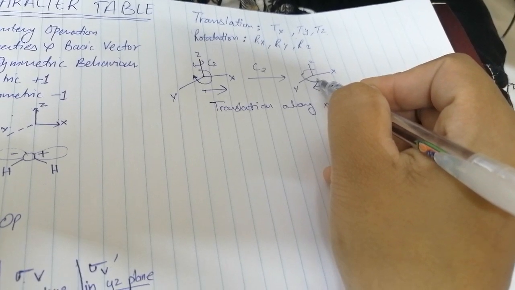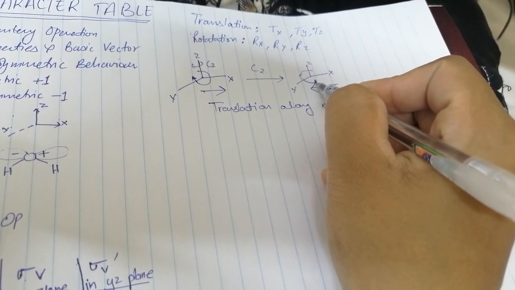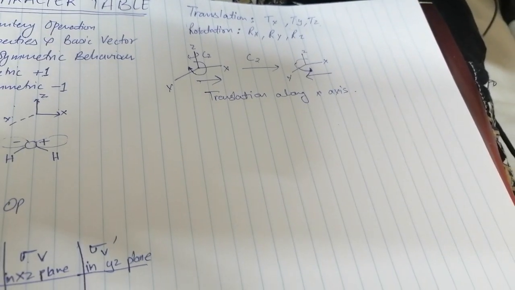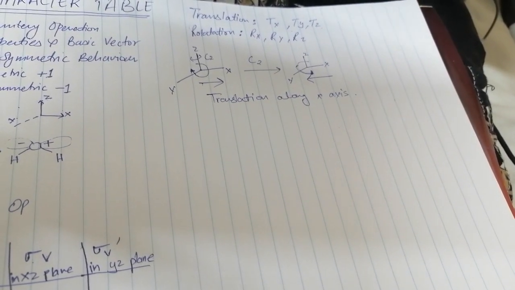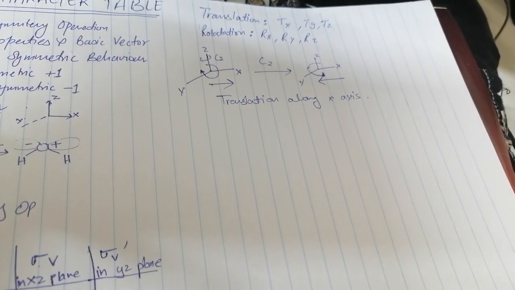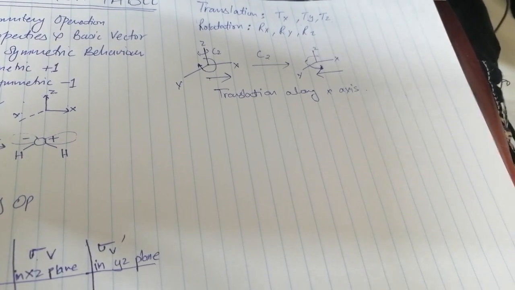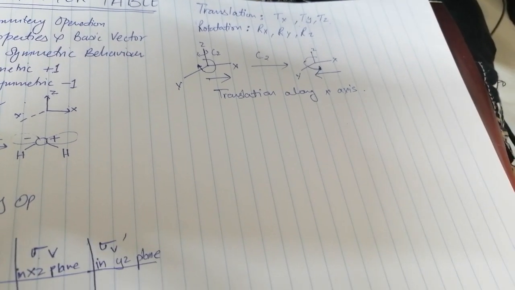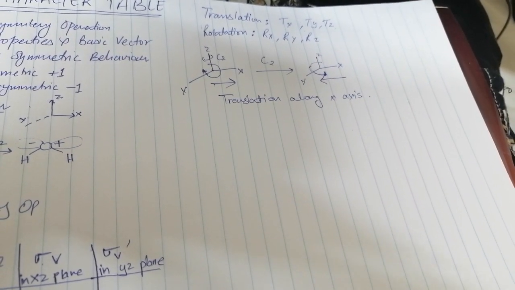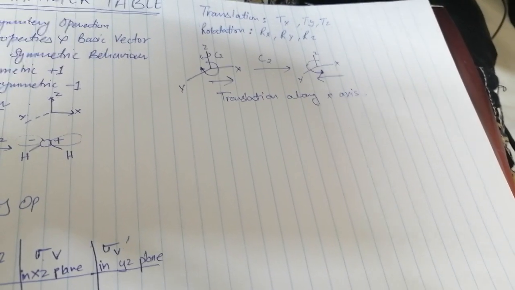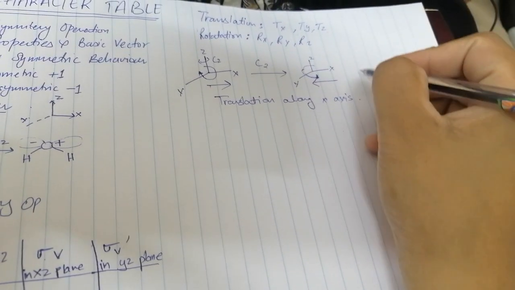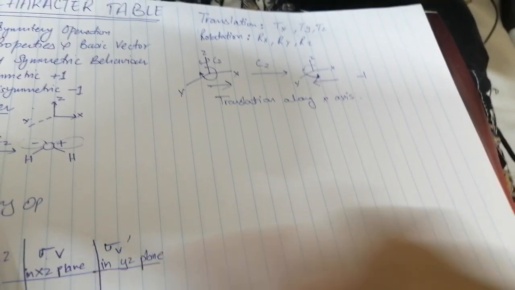So this is the rotation along the y-axis when the C2 operation is performed. After the C2 operation, the direction of the turn of the automobile has been reversed. From clockwise direction it has gone to the anti-clockwise direction. So we will assign this a character of -1.